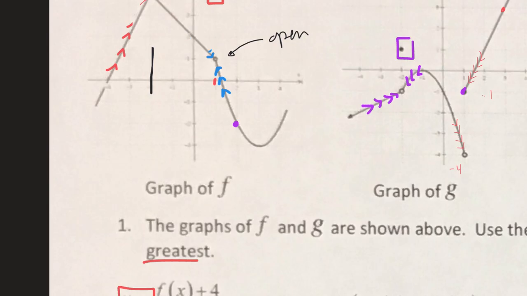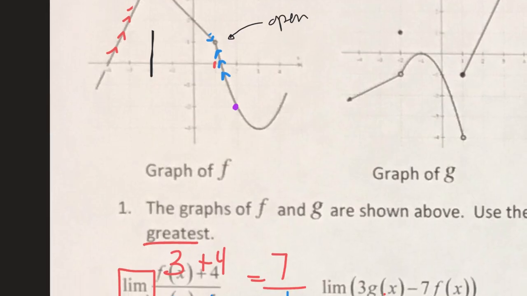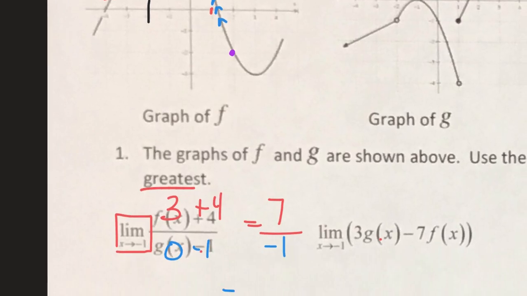The y value is up here at 3. So this is 3. 3 plus 4 is 7. And then from g, as x approaches -1, the y value is 0. 0 minus 1 is -1. So 7 divided by -1 is -7.